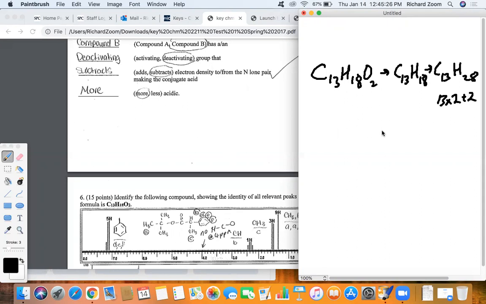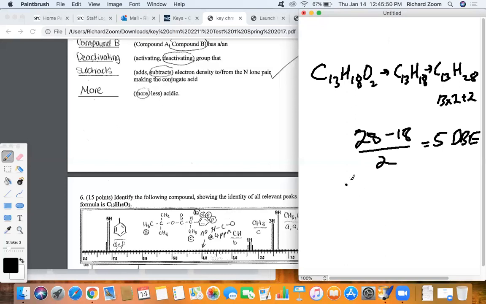It's actually 28 minus 18 divided by 2, which is going to be 5 double bond equivalents.